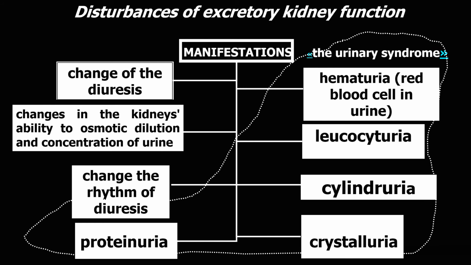Disturbances of excretory kidney function, for example, change of diuresis, change in the kidney's ability for osmotic dilution and concentration of urine, change of rhythm of diuresis, and proteinuria, form the urinary syndrome. For example, hematuria, with red blood cells in the urine, and leukocyturia, cylindruria, and crystalluria are observed.